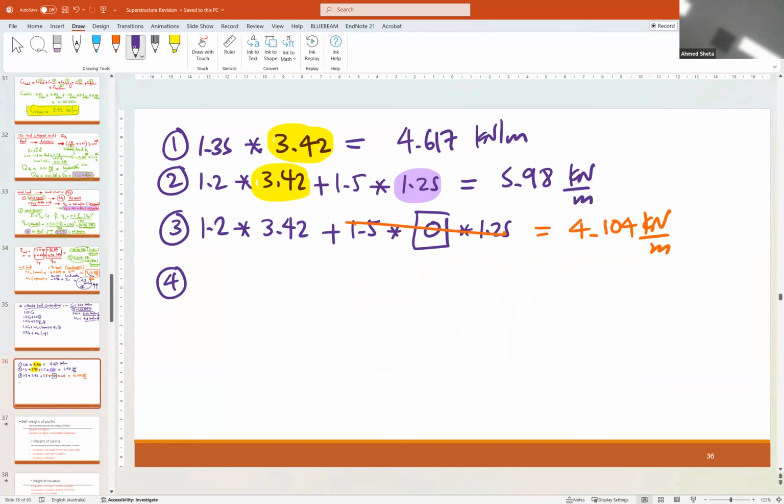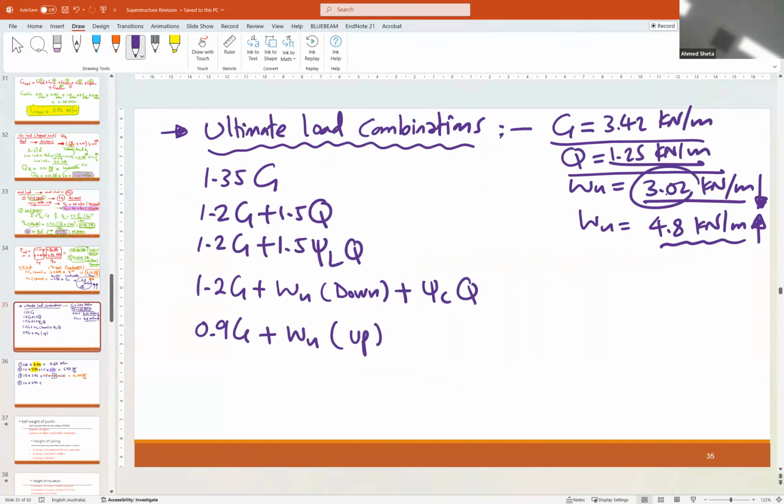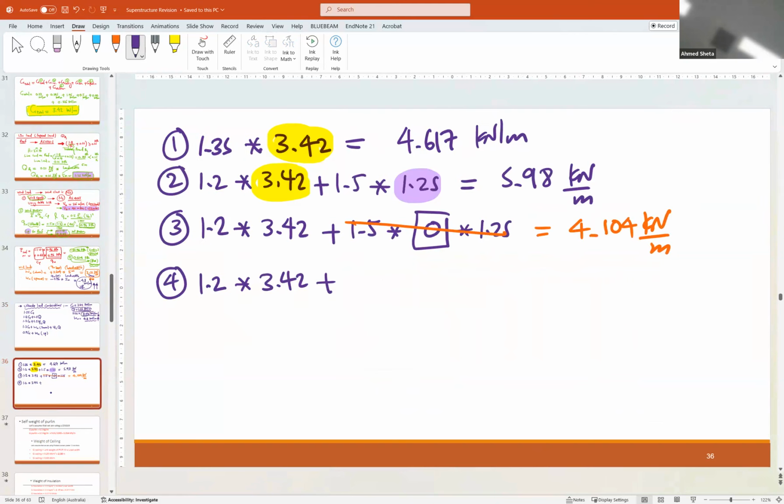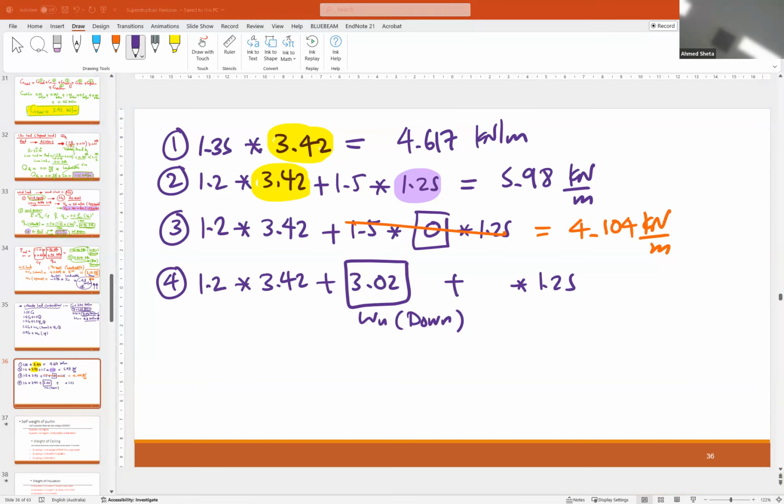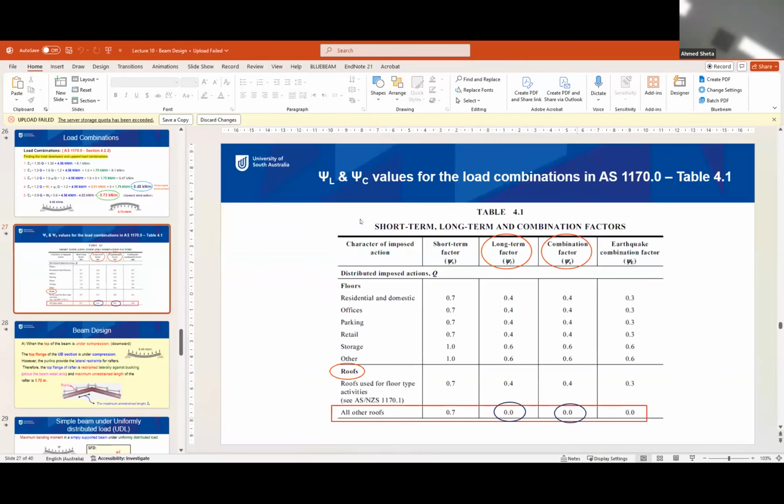Number 4 will be 1.2 times 3.42 plus WU. WU downward is this value, 3.02. So plus 3.02 WU downward plus psi C Q. Q is 1.25. Psi C, if we go back, psi C is 0 as well.